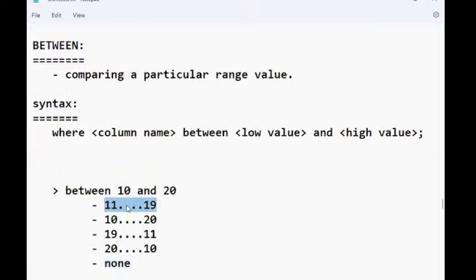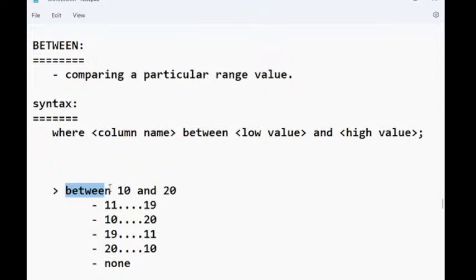So many people are expecting that when I use a BETWEEN operator, but this is wrong. 11 to 19 is wrong, guys. The BETWEEN operator will work on 10 to 20. Many people are confused here. How is it counted?